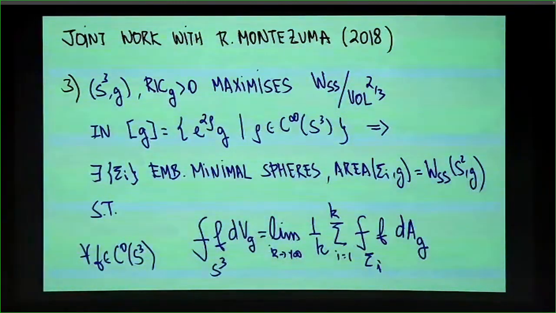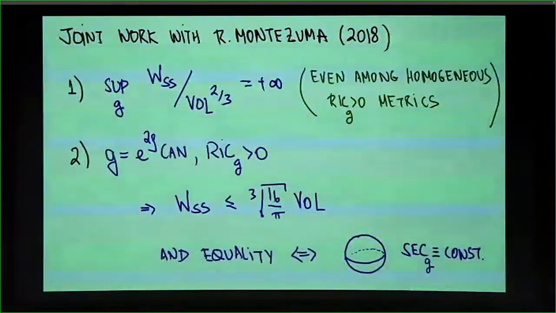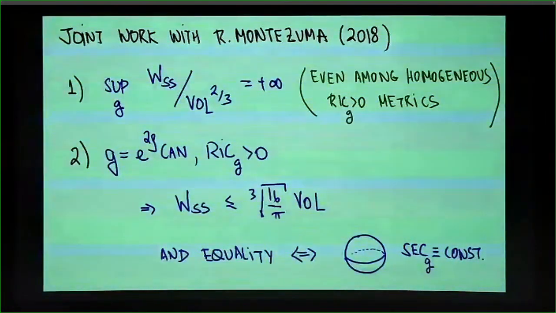So by theorem 2, the result 2 here, we know for sure that there is at least one metric with positive Ricci curvature, namely the canonical metric, which is a local maximum of the quotient of WSS by the volume to this power, that is, a local maximum of this functional in that conformal class. Okay?